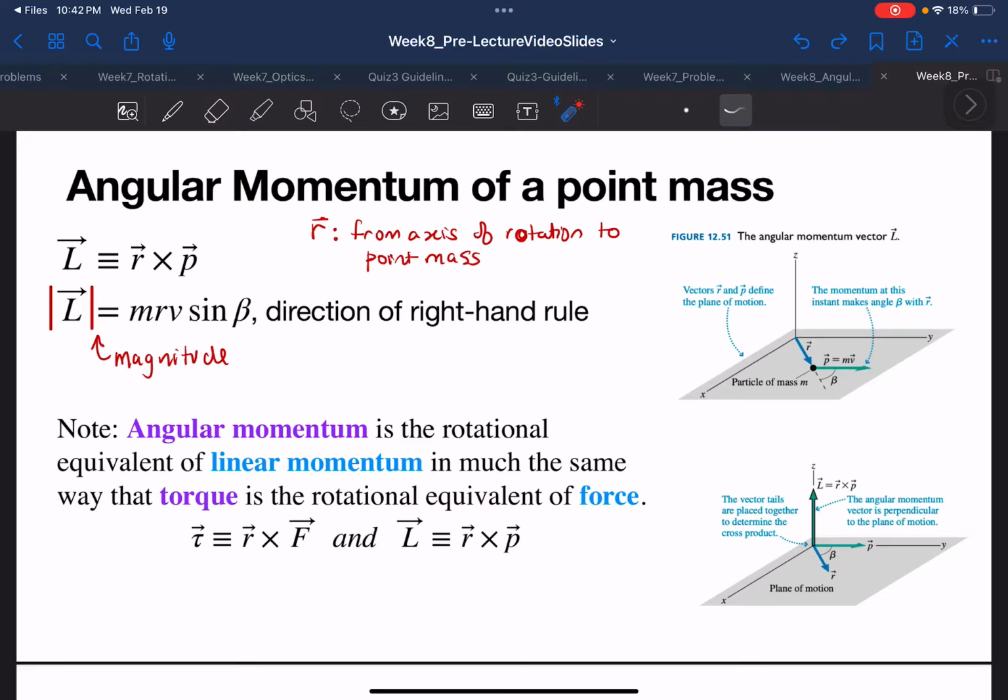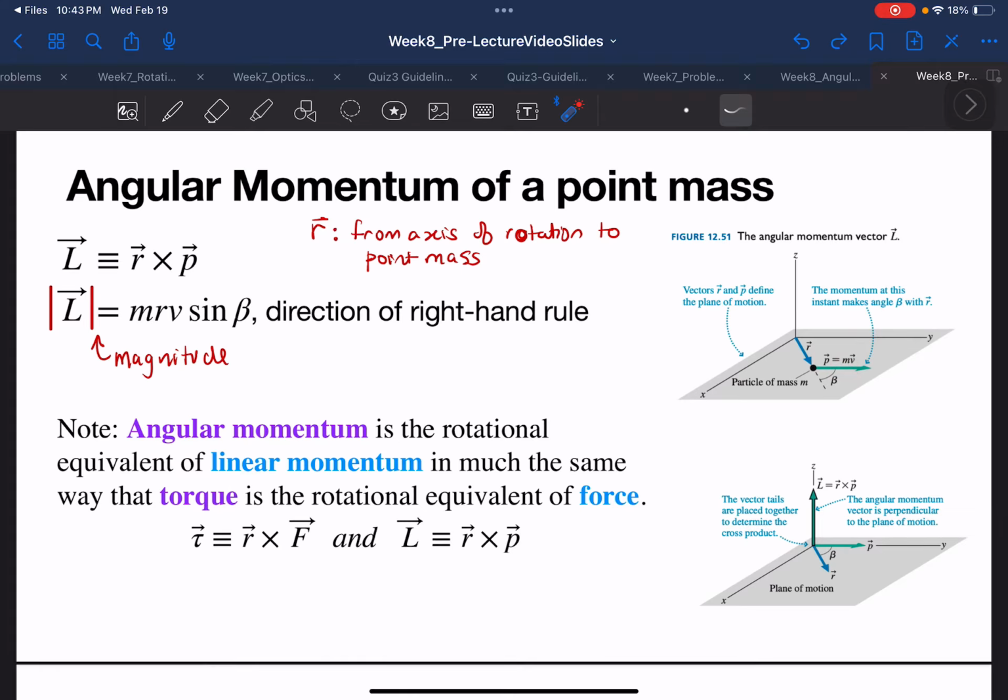So let's say I have some point mass here, and it's moving in this direction. What is its angular momentum about the z-axis? Well, we'd write down the vector r that points from the z-axis to where this particle is, and then take the cross product with its linear momentum, which is basically mv.